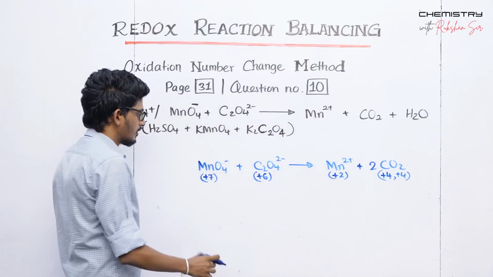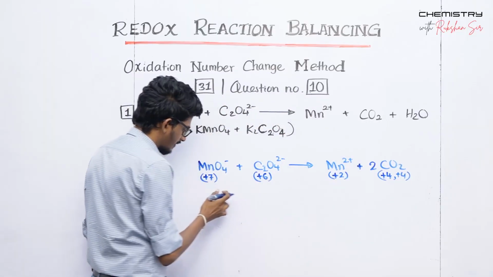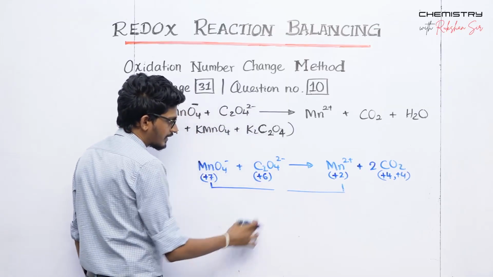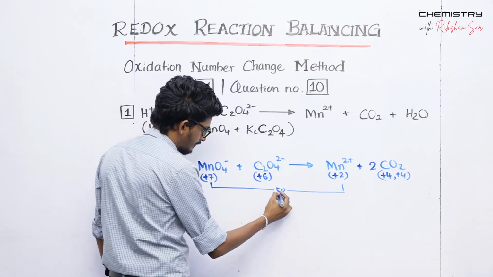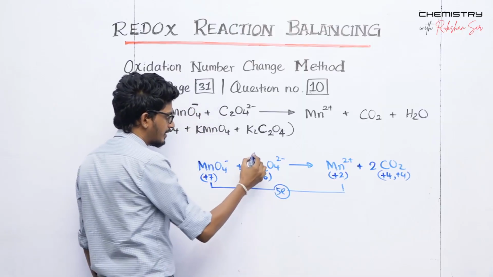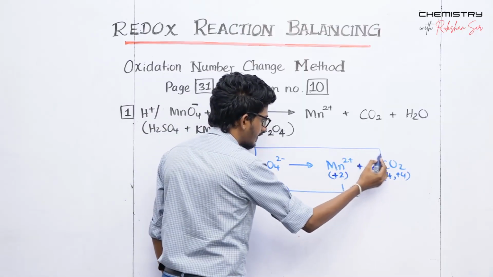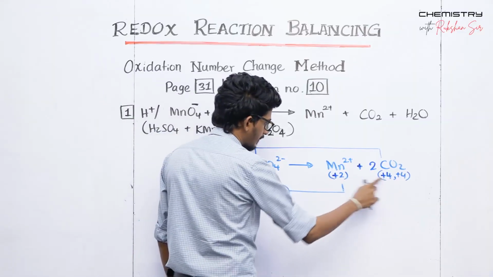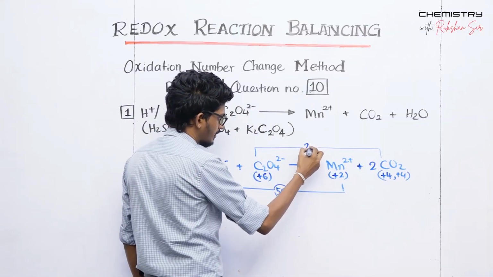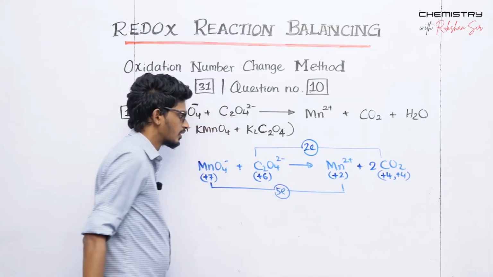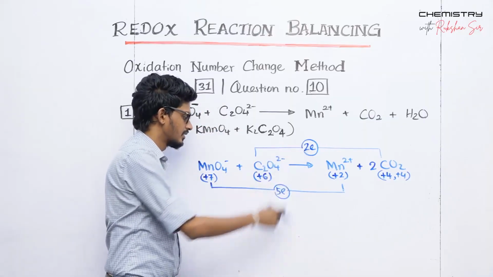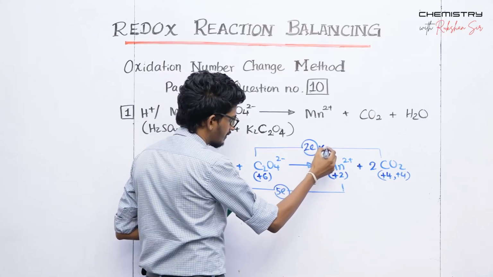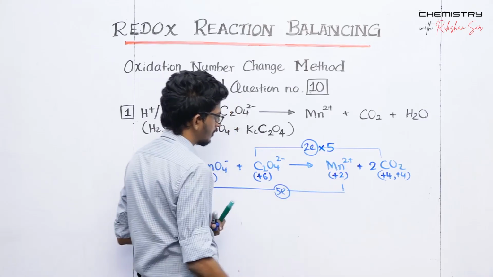The difference here, from +7 to +2, is just 5 units, and the difference here, from +6 to +8, is just 2 units. So the least common multiple becomes 10. You need to multiply this by 5.